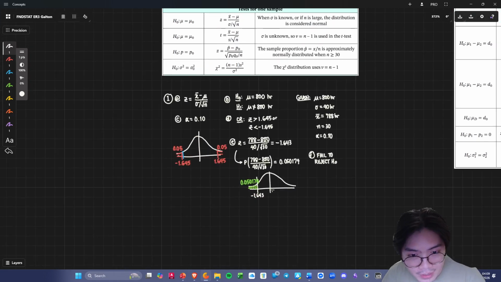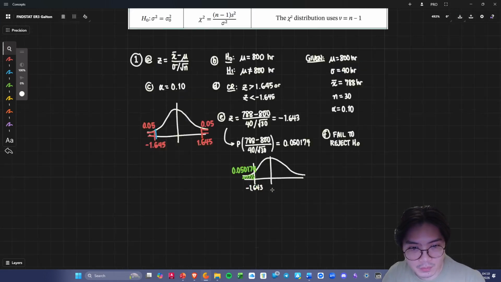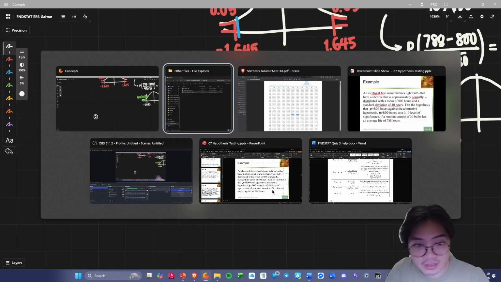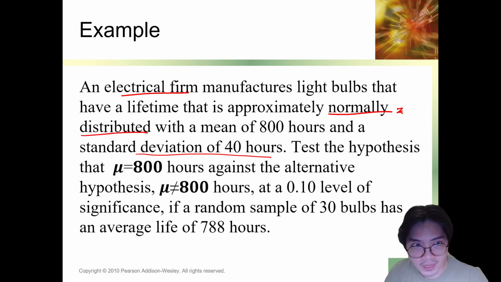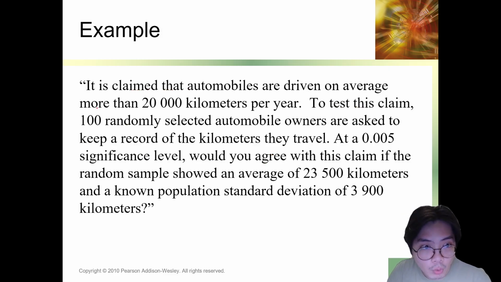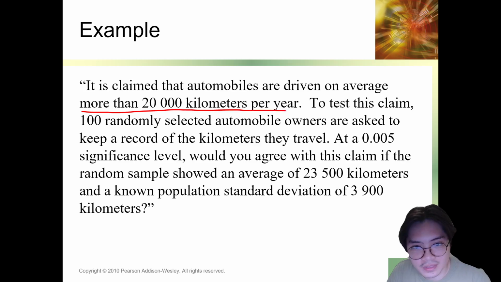From here, we're going to speed up a little bit. We're going to make this a little bit more mechanistic so you guys understand that there is a flow. It is claimed that automobiles are driven on average more than 20,000 kilometers per year. To test this claim, 100 randomly selected automobile owners record the kilometers they travel.